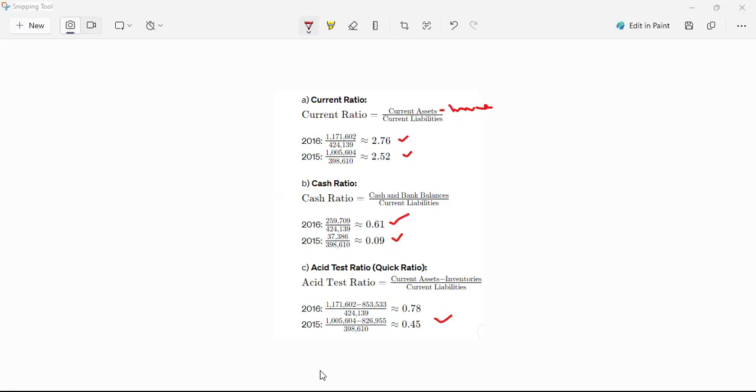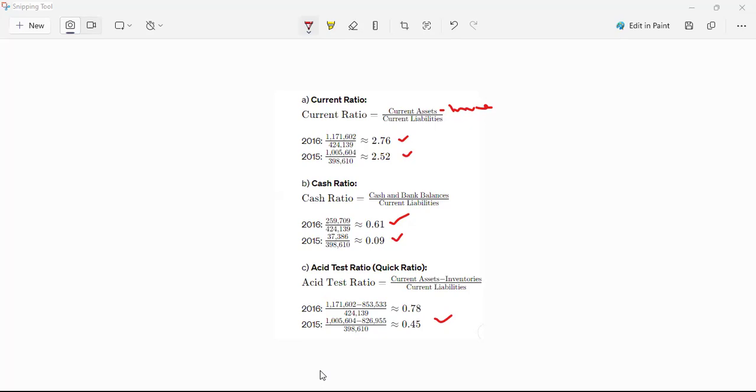The quick ratio here suggests that the company is able to meet or pay off its short-term obligations using the most liquid assets. Here we are seeing the ratio increase from 0.45 to 0.78.